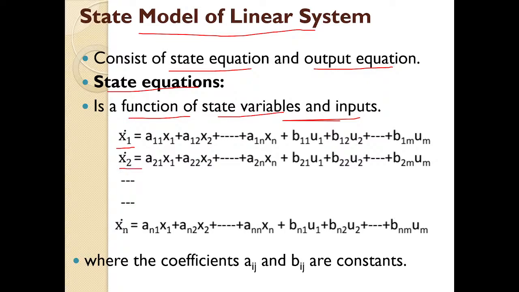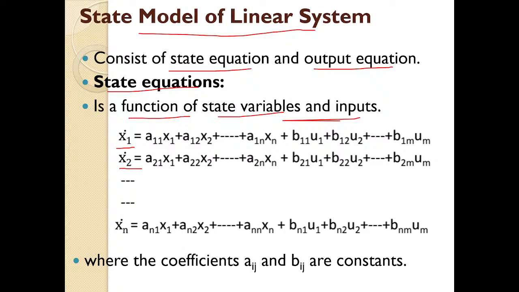x2 dot, sorry, not dash, the d by dt of x2, is equal to a21 x1 plus a22 x2 up to a2n xn plus b21 u1 plus b22 u2 plus up to b2m um.